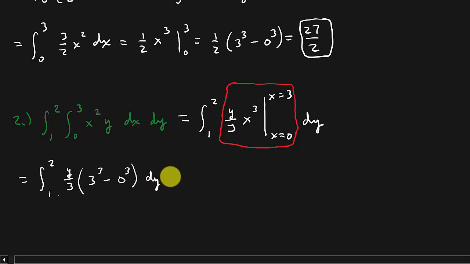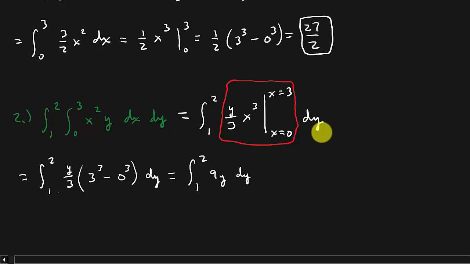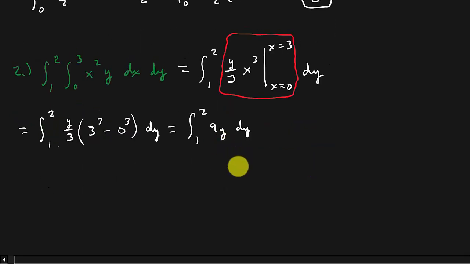And so this is going to give me what? 1 to 2, that's 27 over 3, which is 9y dy. All right. And so now we integrate this with respect to y. So that's going to be what? 9/2 y squared from 1 to 2, which is going to be 9/2 times 2 squared minus 1 squared.